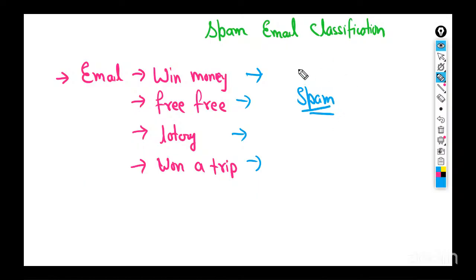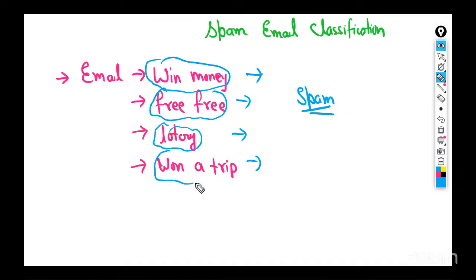Traditionally, we just find out the words, for example these words, and manually do the coding. It's rule-based coding. For example, if this is contained inside my email, I will consider it as spam. So this was rule-based, traditionally.